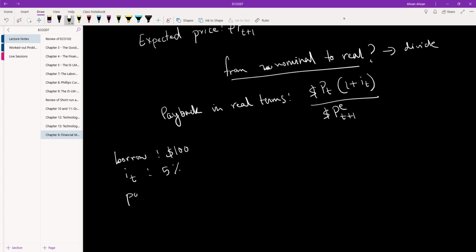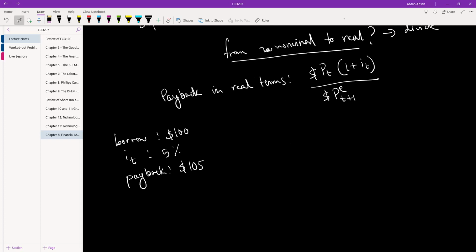So we expect that we will have to pay back 105 in nominal terms. But now let's bring inflation into it. We expect there to be a 10% inflation. Or let's stick with price. We borrowed this to buy bread, remember?